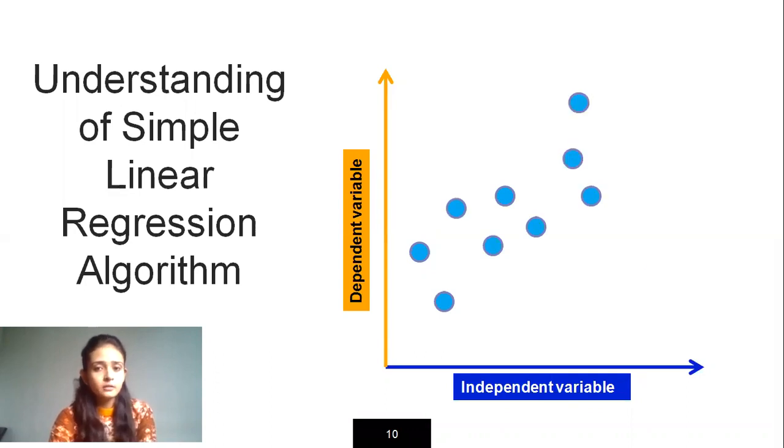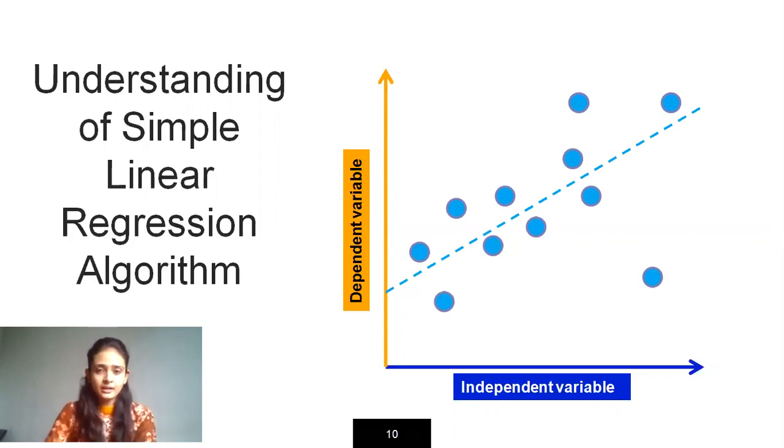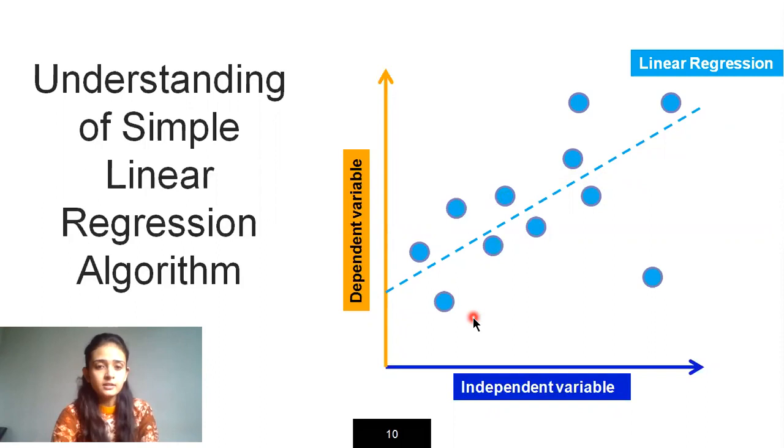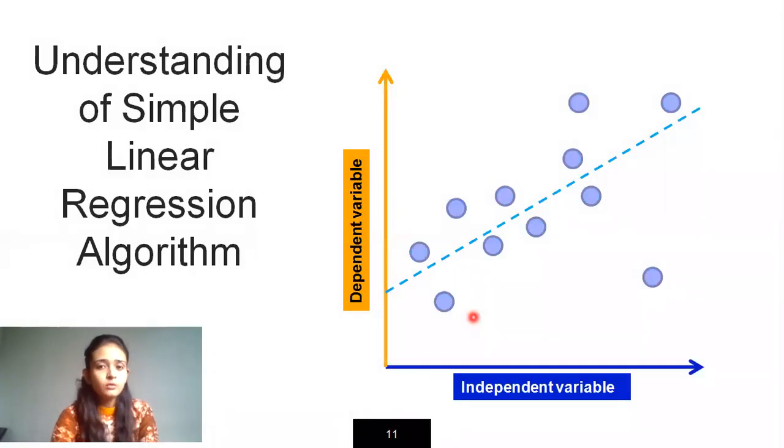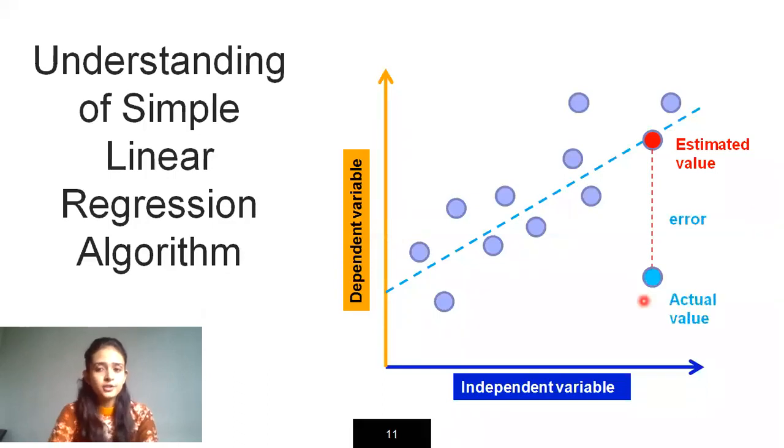So on this particular graph, all my observations are plotted like this. These blue dots are my observations, and from these I will draw a line which will almost cover all the points. So this is called my linear regression line. Now what next do I want to do? Suppose on the linear regression line, this yellow dot shows my estimated value, and this blue dot shows my actual value.